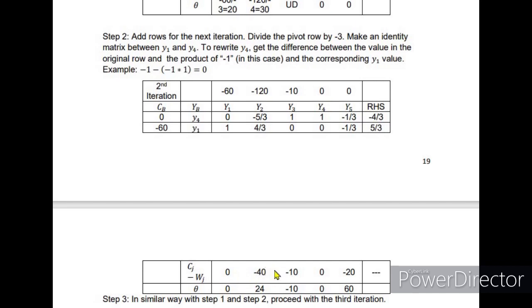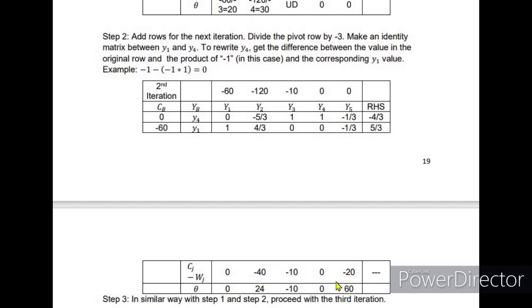I know you already know how to compute this, because you will just multiply these values of c sub b with this one, then add them, then subtract them from these values. So this is negative 40 because negative 60 times 4/3 is equal to negative 80. So negative 120 minus negative 80 will become negative 40. That's why it is negative 40 here.